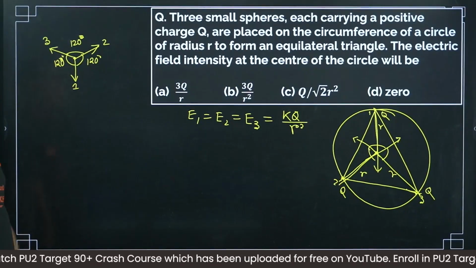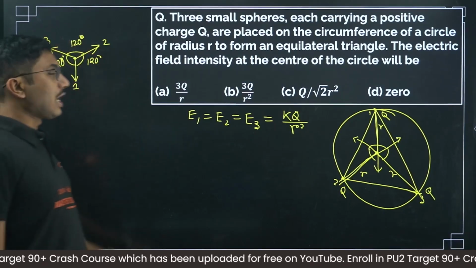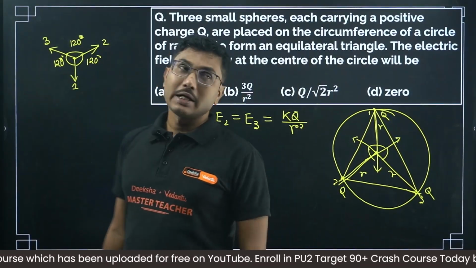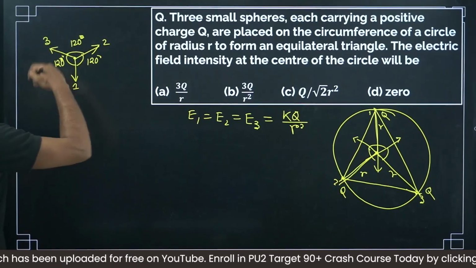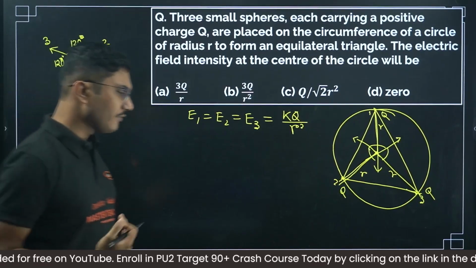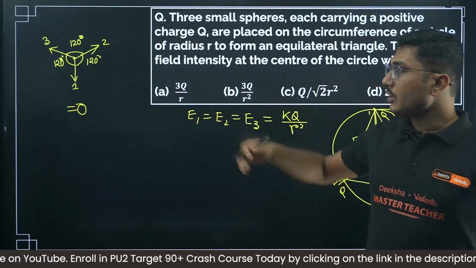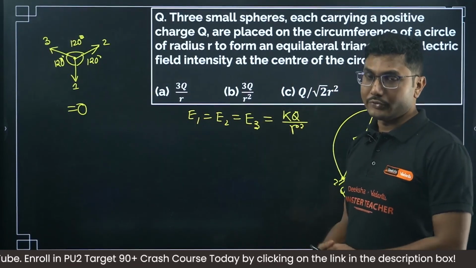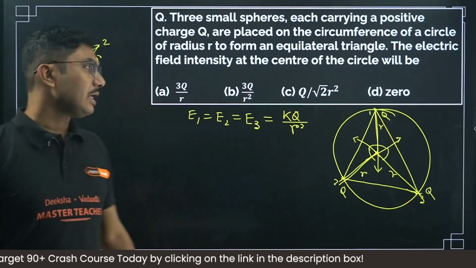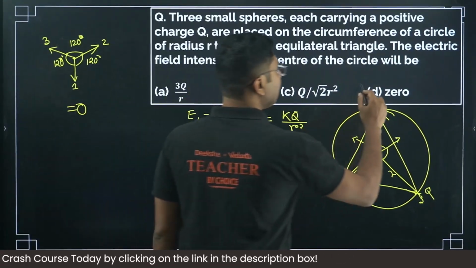Now three equal forces, all of which are at an angle of 120 degrees, using Lami's theorem you can show that the resultant of these three forces is equal to 0. This is very basic geometry. You can remember it: three equal forces, when they are acting at an angle of 120 degrees with each other, the resultant is 0.